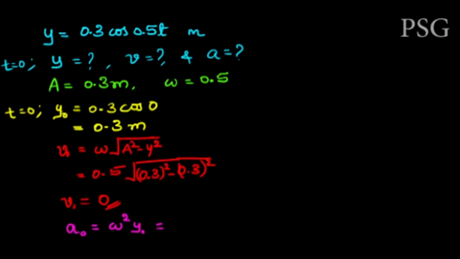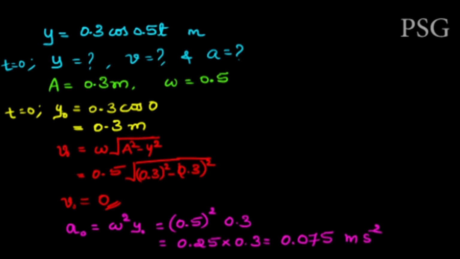Omega is 0.5 and its square into y naught, which is 0.3 meters, and 0.5 whole squared is 0.25, into 0.3, that gives me 0.075 with the unit of meters per second square. So the correct option is displacement 0.3 meters, velocity 0 and acceleration 0.075. A option is correct.